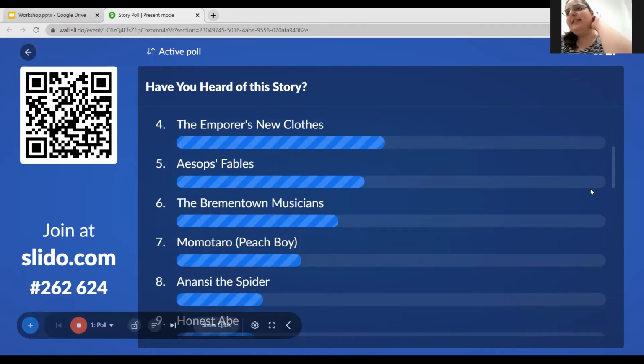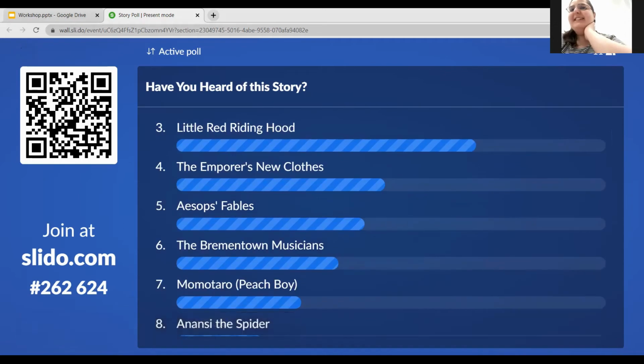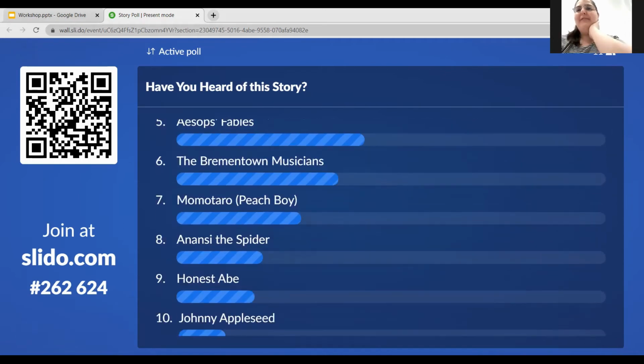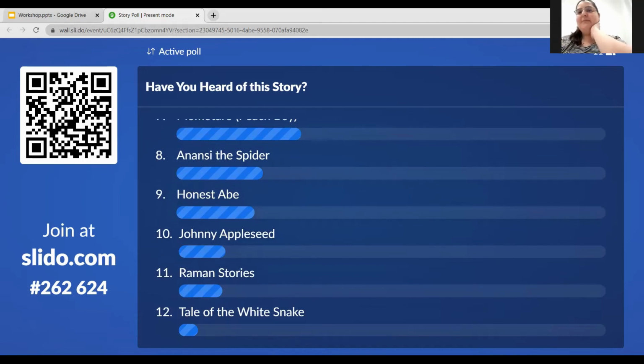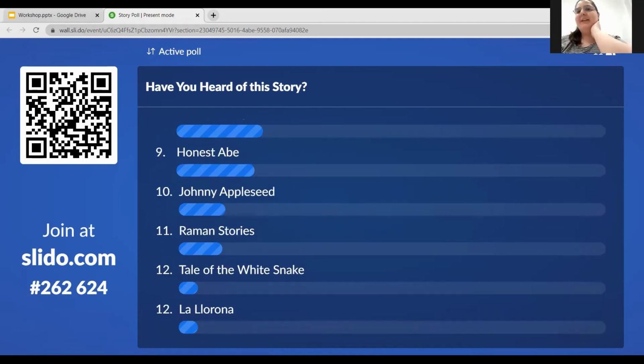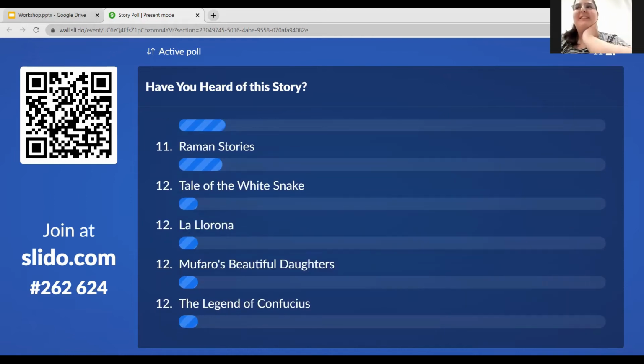Actually, I was thinking, Hansel and Gretel in Portuguese has nothing to do with that, it's João and Maria. So I was wondering if there are others that have a very different name from the name in Portuguese, and maybe I know the story but have no idea that I know it just because the name is very different.